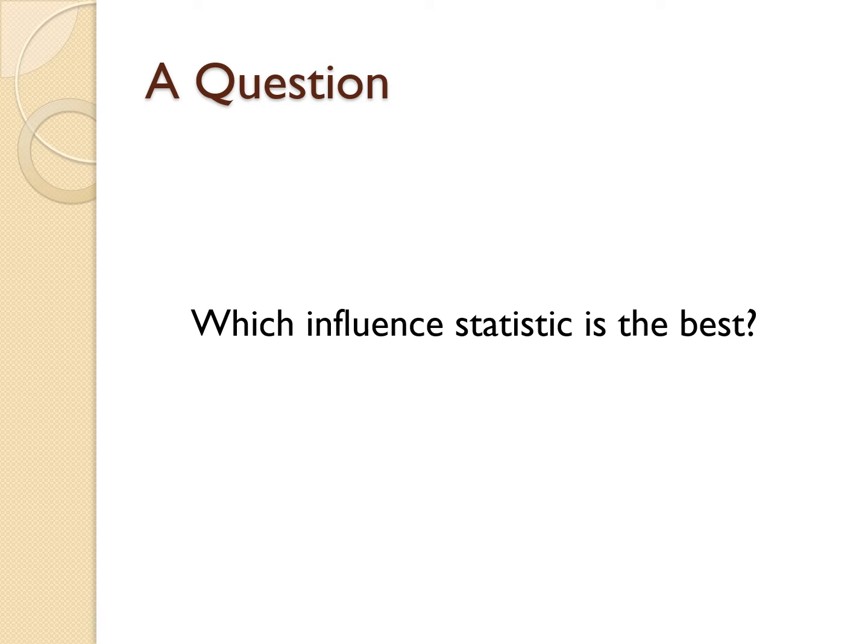So we have different stats that are giving us different answers to the question, and the question is, which statistic is the best? And the answer is all of them. You've got to look at all of them. And this is the point where we have to start making judgments when we get all of this information in.